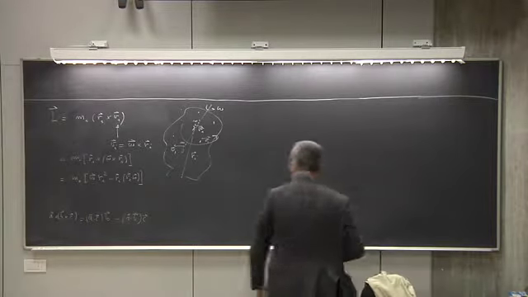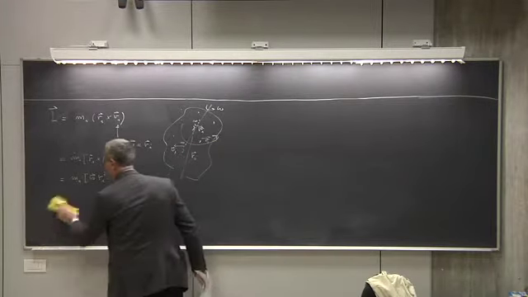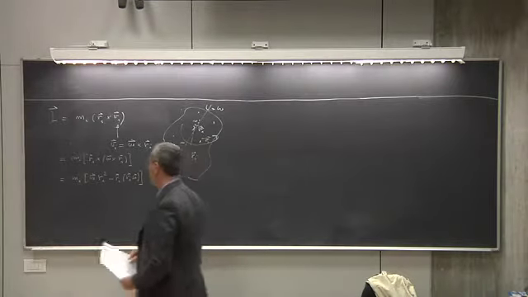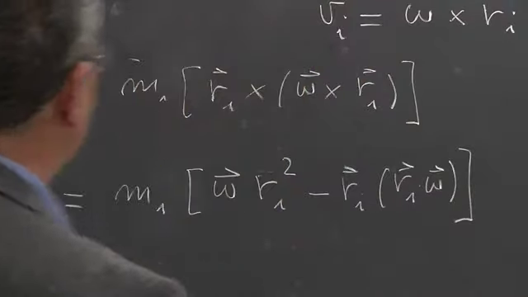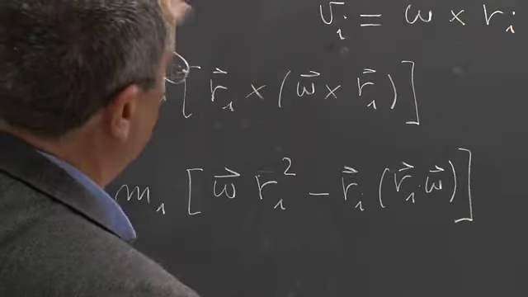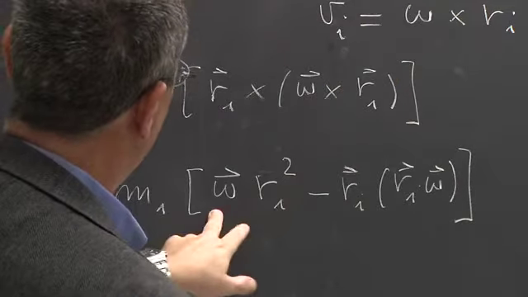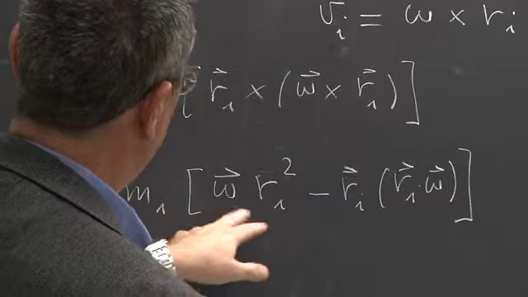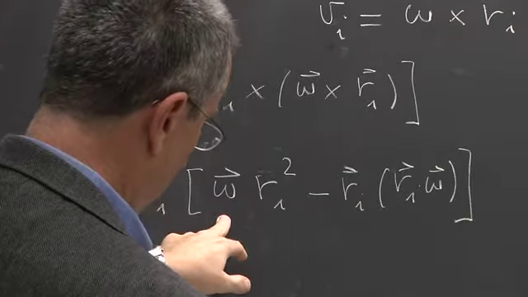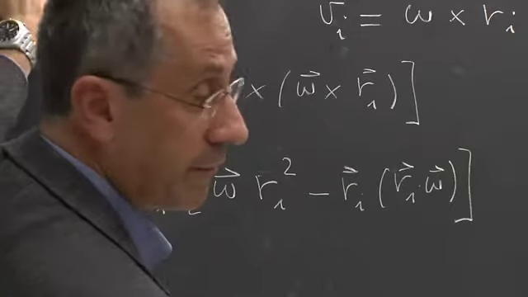I'm just doing some vector calculus, vector algebra. This is kind of nice. This gives you the angular momentum of this rigid body as a function of this omega. And you see that you can write the components of this vector.